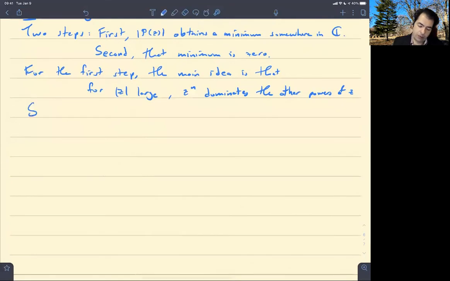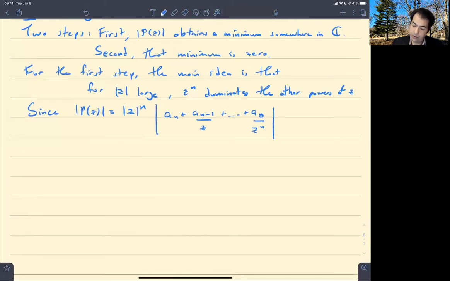Okay, so let's write this like this. Let's just notice that I can write the modulus of p of z as, I'm going to pull out mod z to the n. And so that's going to leave me with a n plus a n minus 1 divided by z plus dot dot dot a 0 divided by z to the n. This is true for all z different from 0.